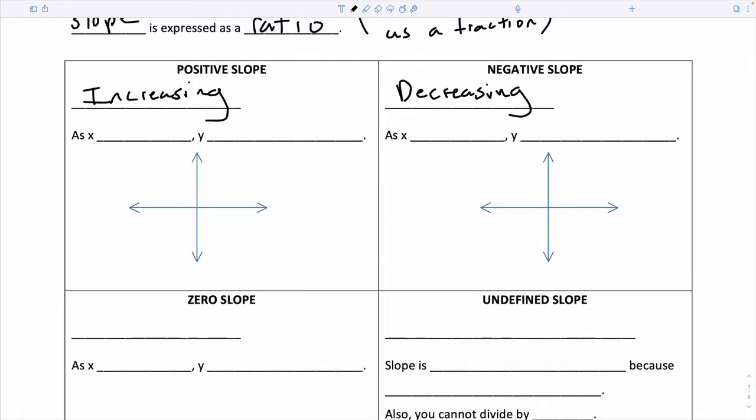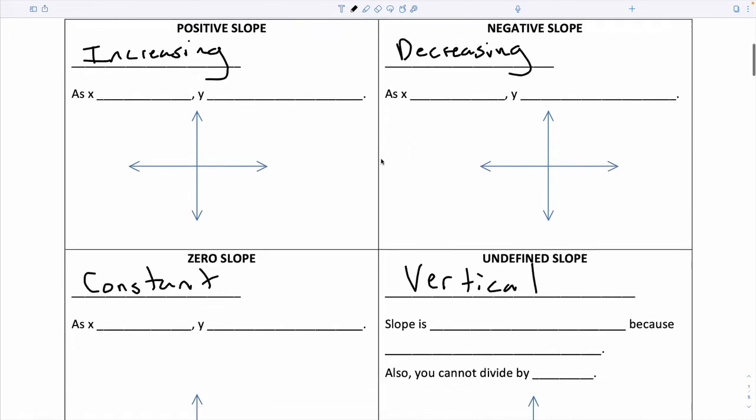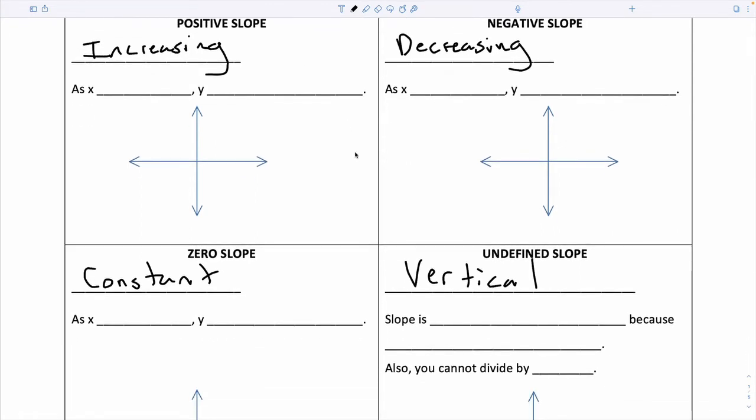A zero slope is constant. And an undefined slope is just vertical. Draw in a line, and then try to fill out the x and the y. If you need to look at your notes from yesterday, go ahead and look at it. I'll give you a minute. You can check with your partner if you're a bit stuck on a few blanks.